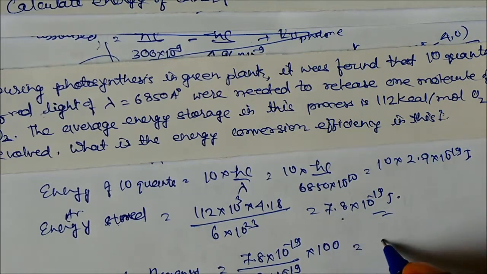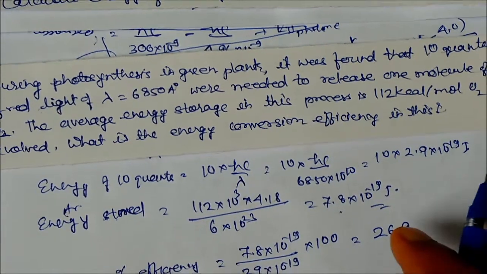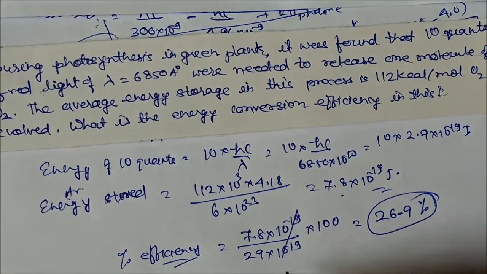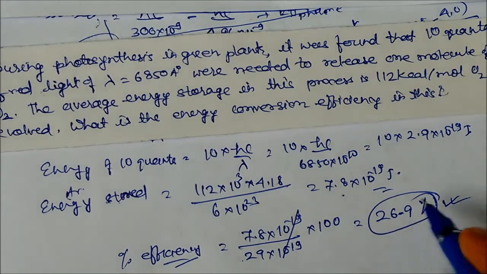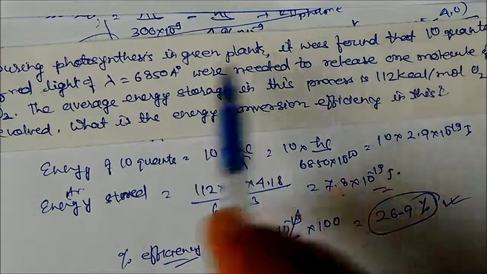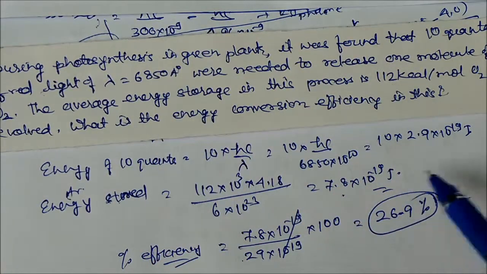If you solve it, you will get 26.9%. This is the conversion efficiency. If you give this much energy and this much is stored, the conversion efficiency will be 26.9%.